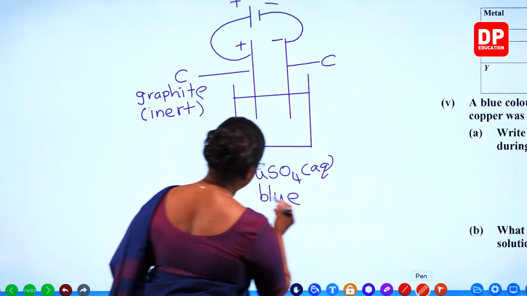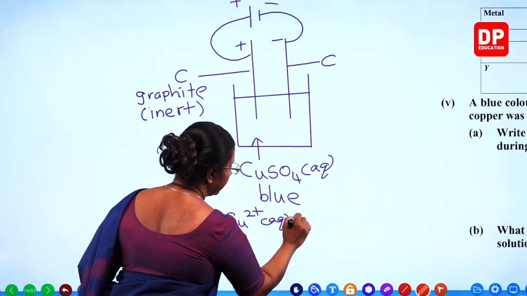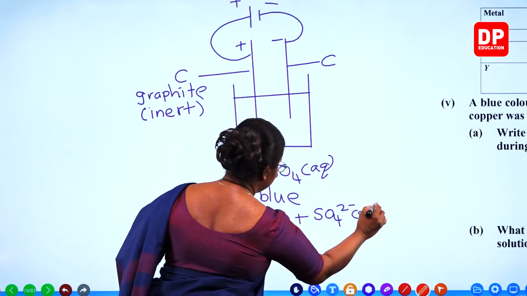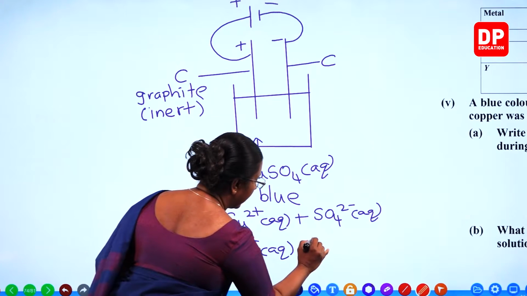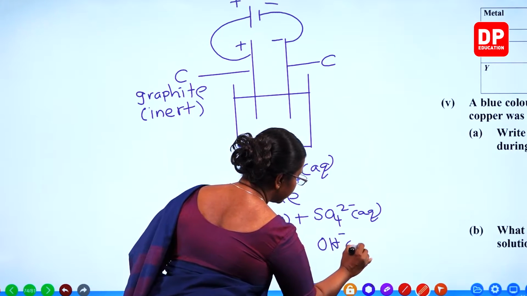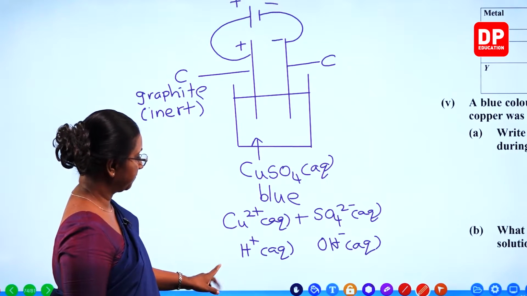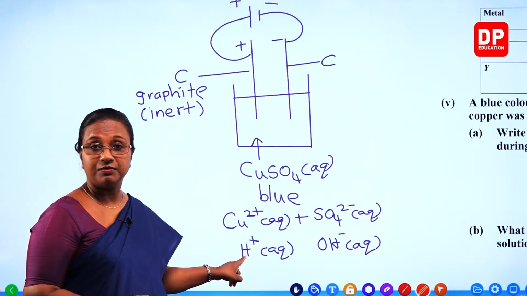Now you all know copper 2 plus aqueous is there. Then there is SO4 2 minus aqueous. Then you have the H plus aqueous from water and OH minus aqueous also from water. Out of these, copper is less reactive.